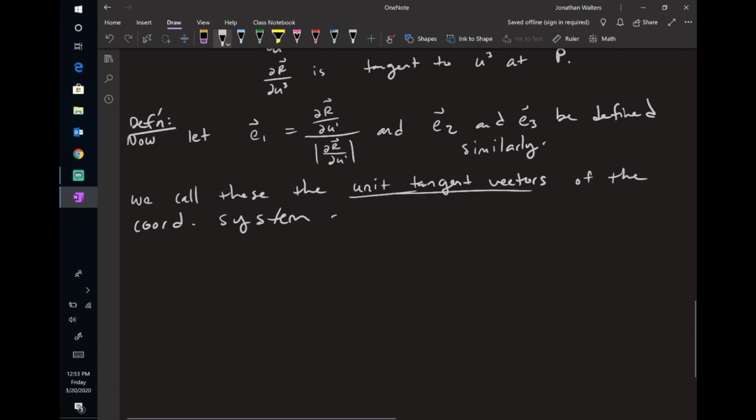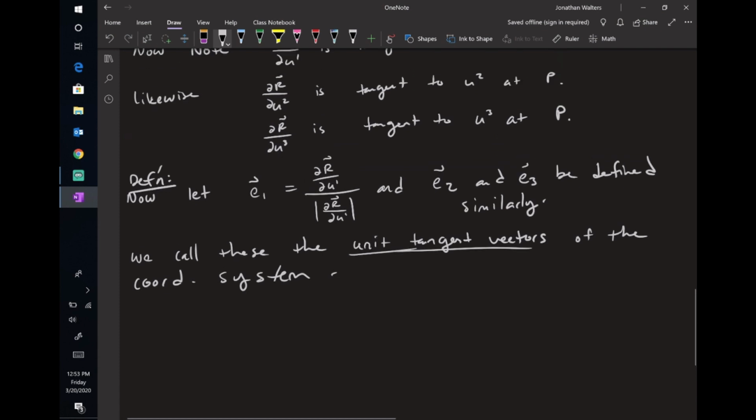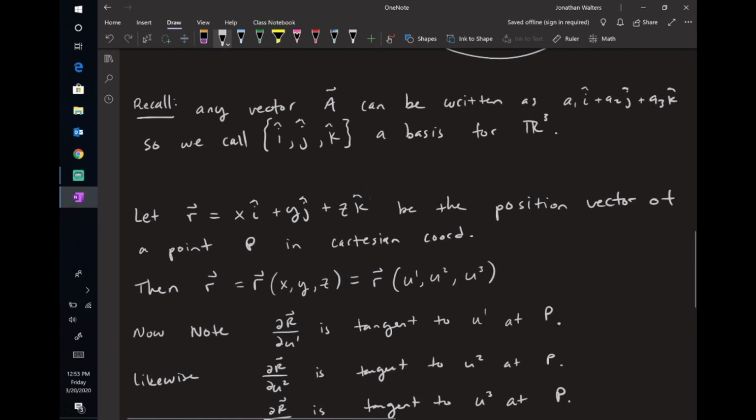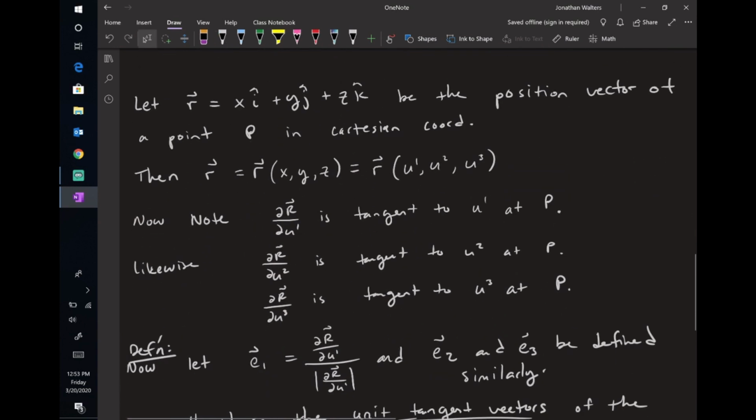Now they don't have to be unit vectors. We would have a basis regardless. But if we didn't use curvilinear coordinates here, what if these were just x, y, and z? Partial r, partial x would just be i hat, tangent to the x direction.